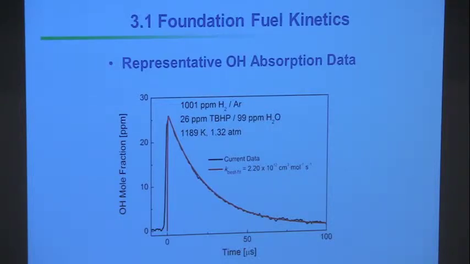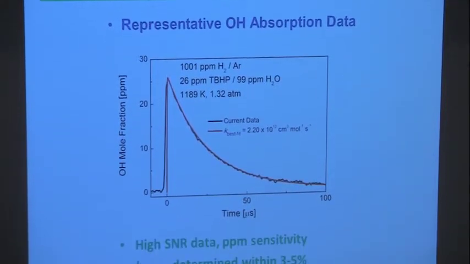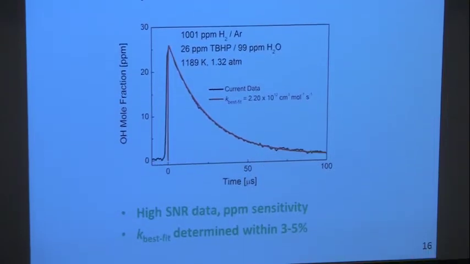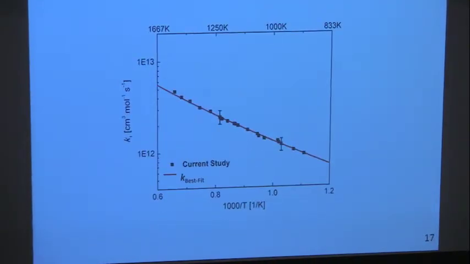Therefore, if that's the only reaction, and if the temperature is constant, it will be exponential. And that's called a pseudo first order experiment. That's like the gold standard of doing experiments. No real temperature change, no real competition of reactions. High signal-to-noise ratio. So you want to do this with the lowest concentration of reactants you can. And when you do this, we can fit it within maybe 3 to 5%.